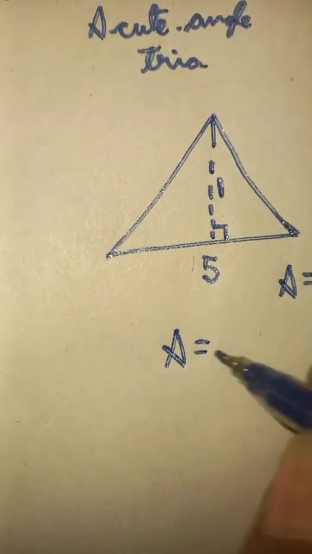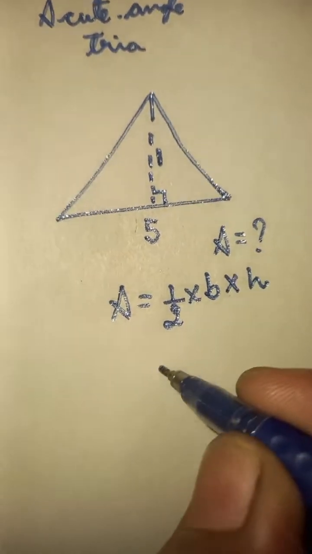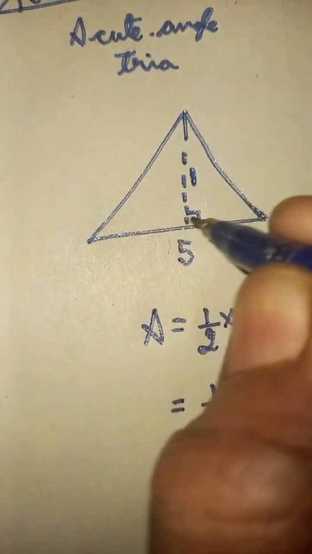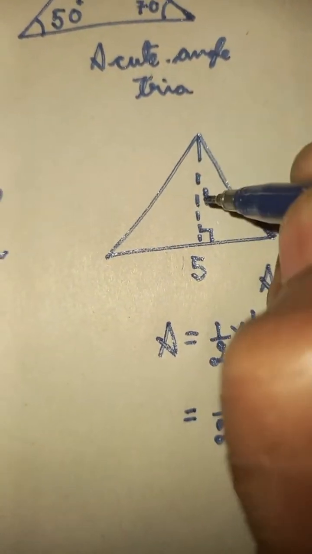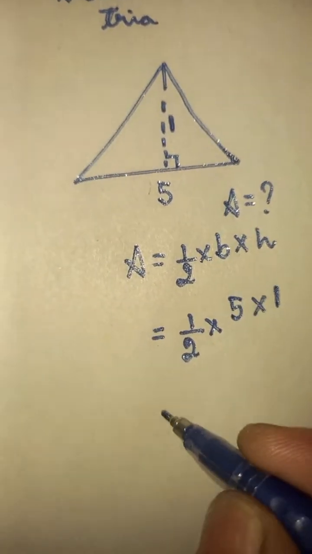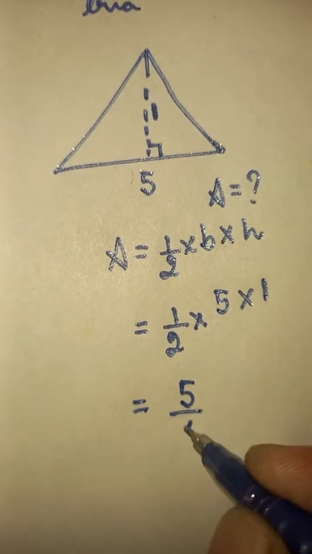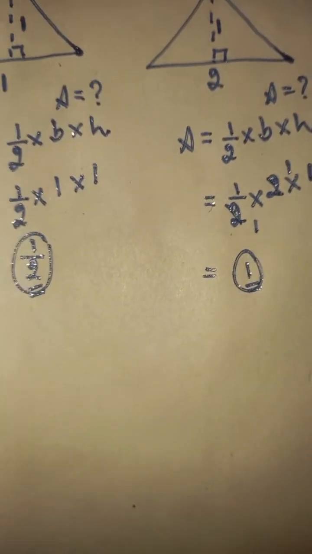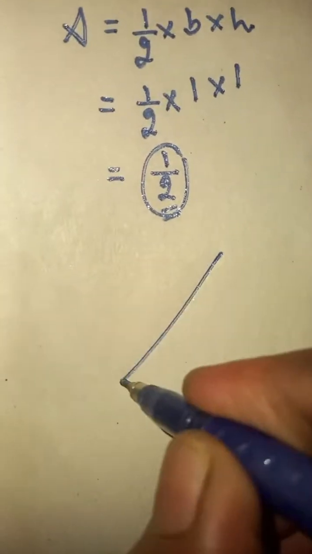The area is half times base times perpendicular height, that gives half times 5 units times 1 unit. You cannot divide 2 and 5, so 5 times 1, above remains 5 and below 2, 5 by 2 square units.